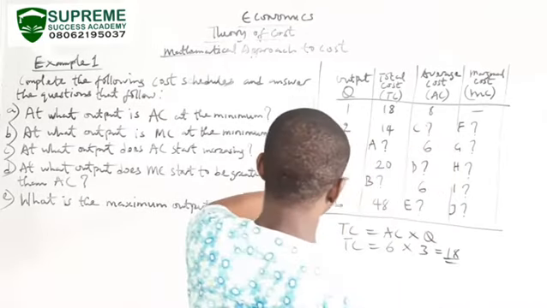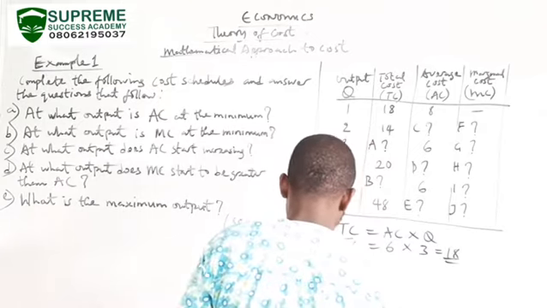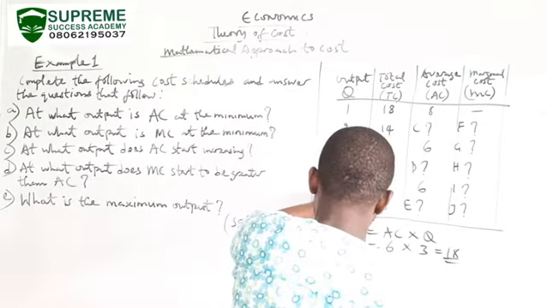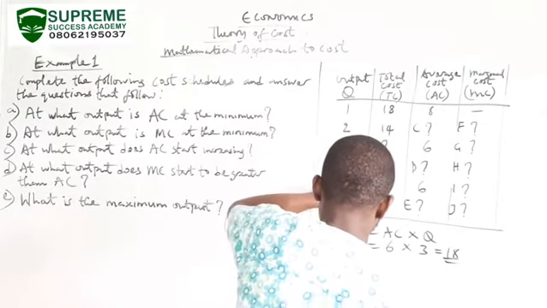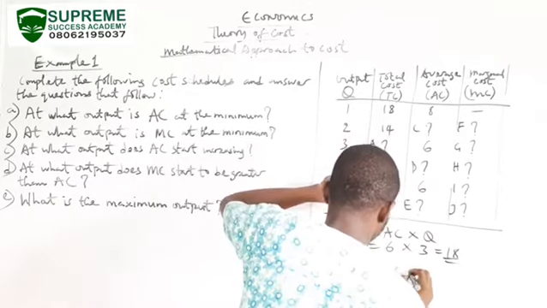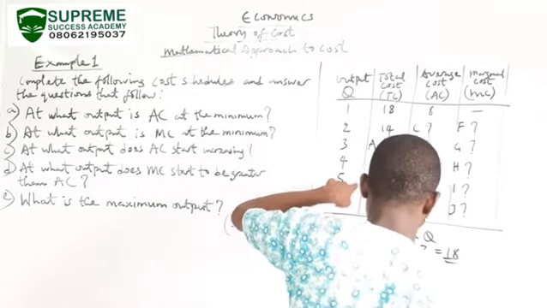So the second one, which is the total cost of output 5. We have the formula to be AC multiplied by Q, which is output.